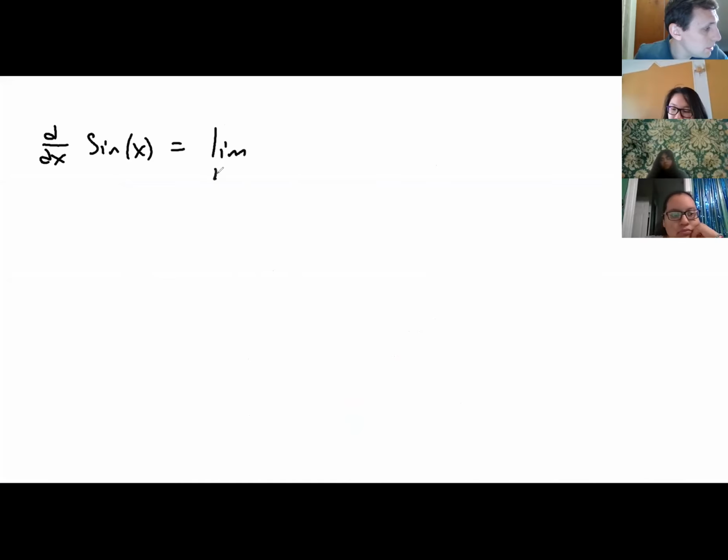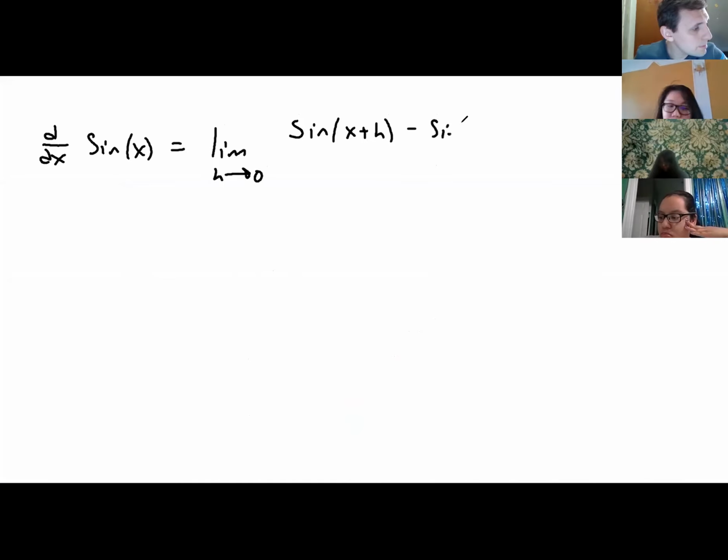is the limit as h goes to 0 of sine x plus h minus sine x divided by h.